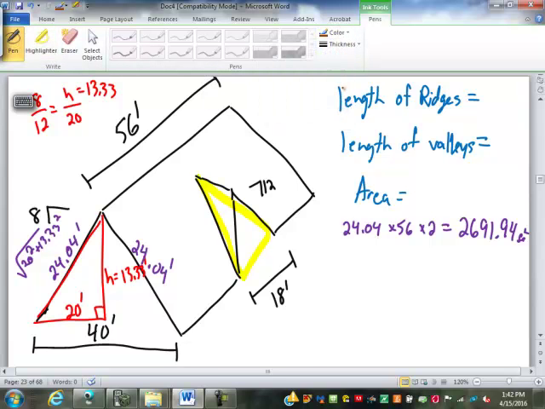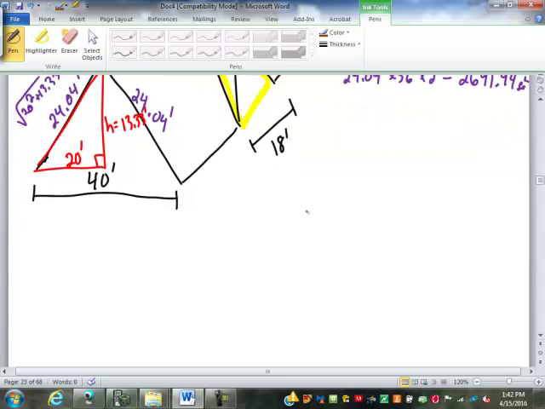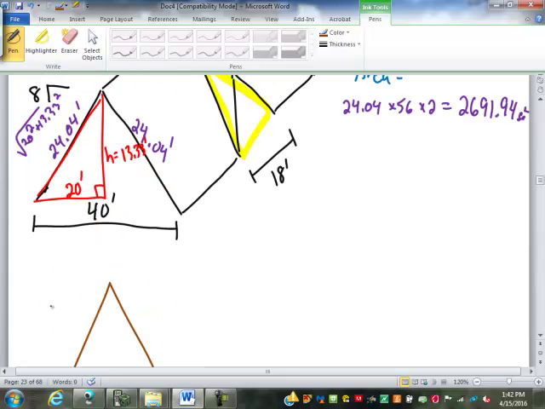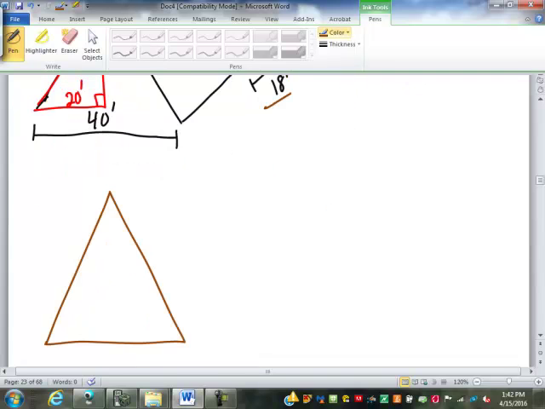Do you understand what I'm talking about? So what we need to do is, we know that the width of that is 18 feet. We need to know the height of it. Its height is going to come off of this end view here, right? So this length right here is going to be the height of that triangle.